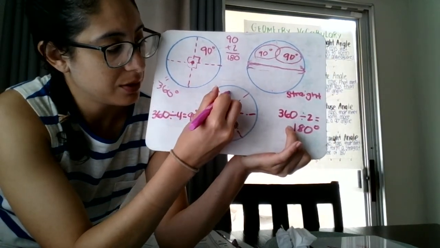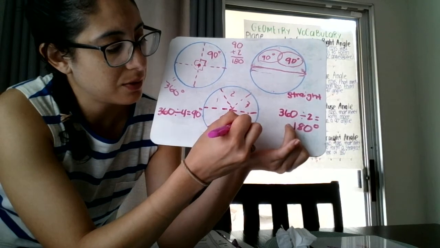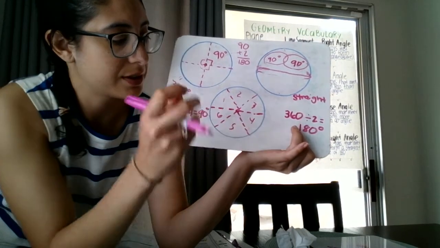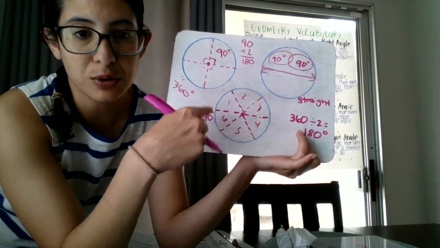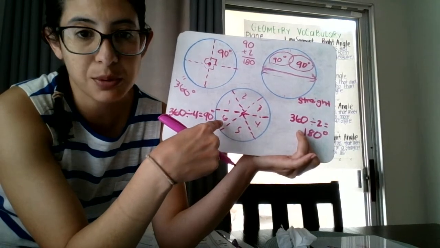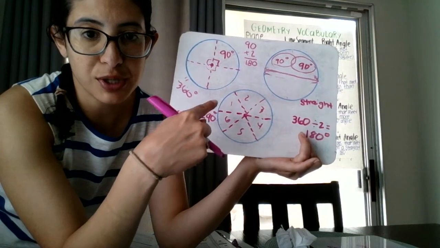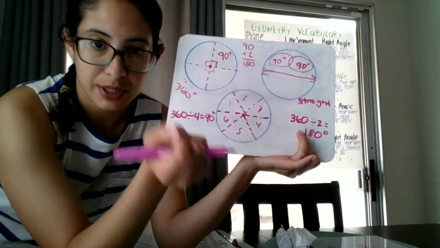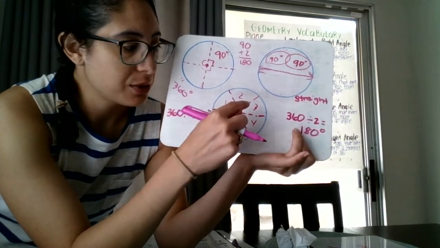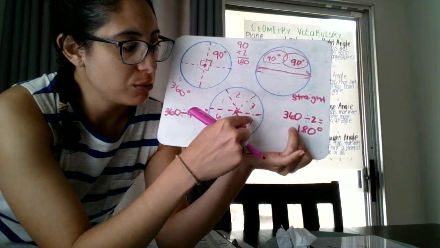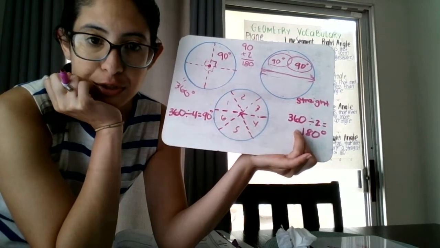So 1, 2, 3, 4, 5, 6. Okay, so I broke my whole circle up into 6 equal parts. Okay, what does my whole circle measure? 360 degrees, right? So what if I wanted to find out how much each part measured?